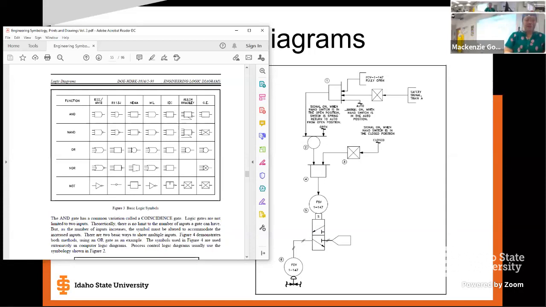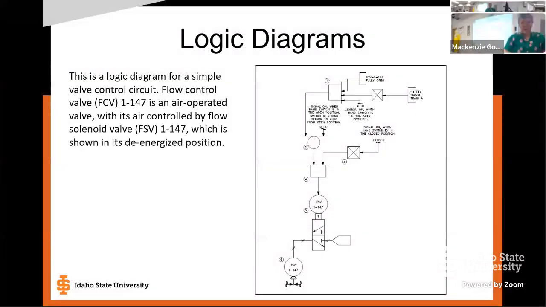Okay, so now that we have, sorry, we didn't do this one because it's not numbered, but we've got ANDs, ORs, and a NOT. So what is the function of this?